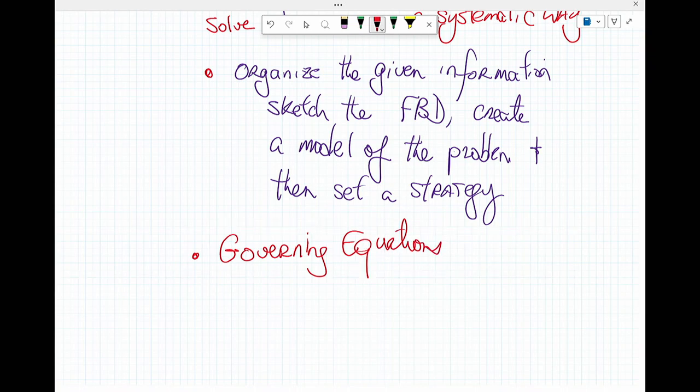After you have your free body diagrams, and you'll notice, by the way, I kind of skipped over it, but I will use FBD a lot because I'm lazy and I don't want to write free body diagram every time. So that's just a consistent notation.